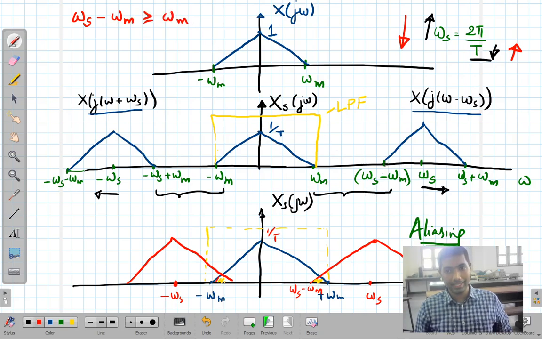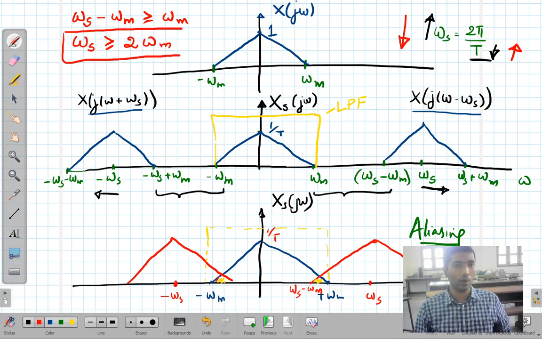So we require this point to be towards the right of omega m. So omega s minus omega m needs to be greater than omega m, which means that the sampling frequency must be at least twice that of omega m. And this is the sampling theorem.